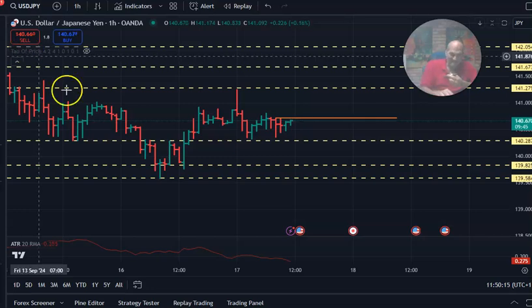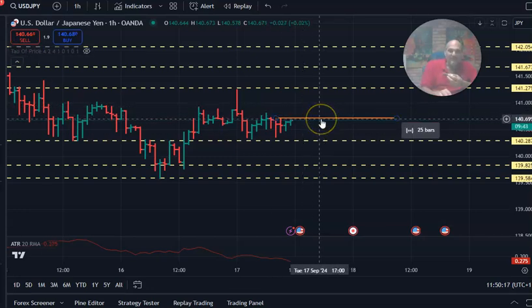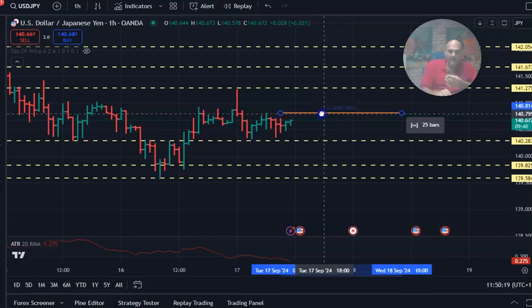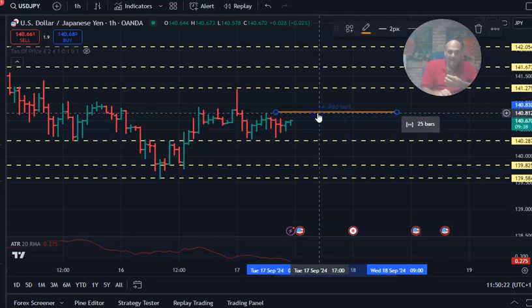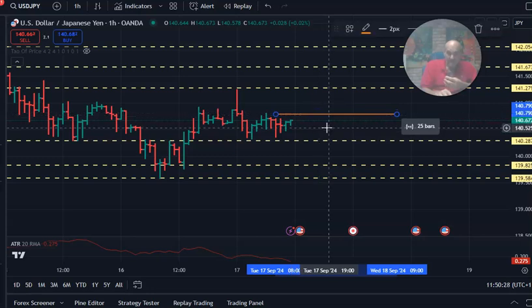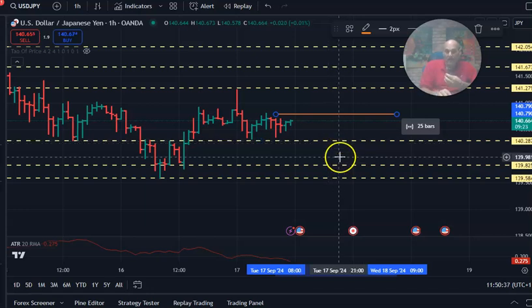But anyway, so dollar yen, by being below 140.75-ish, 140.80, by being below this price, it's showing weakness down to 140.27. If it breaks below 140.27, then we have a support level at 139.82.